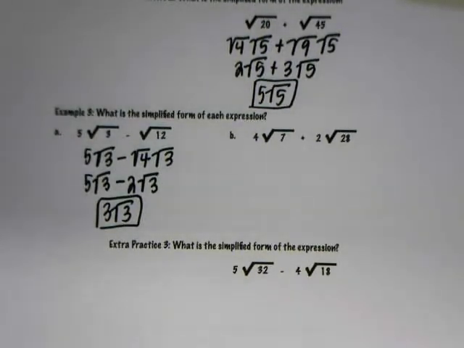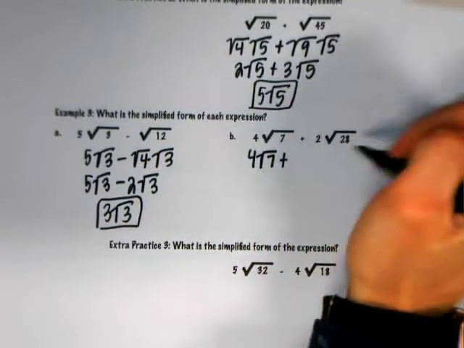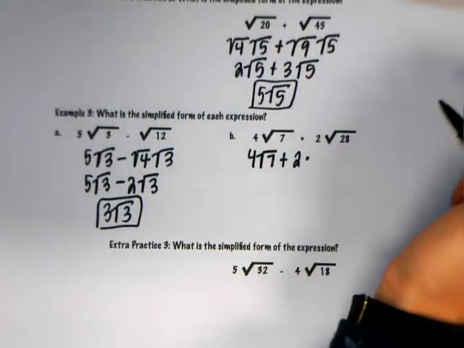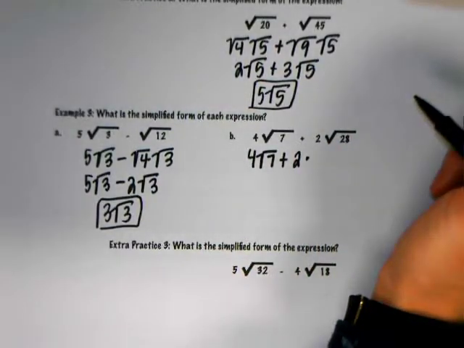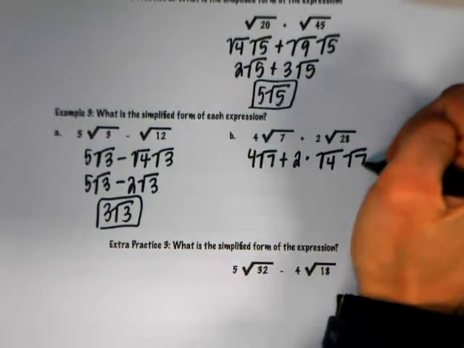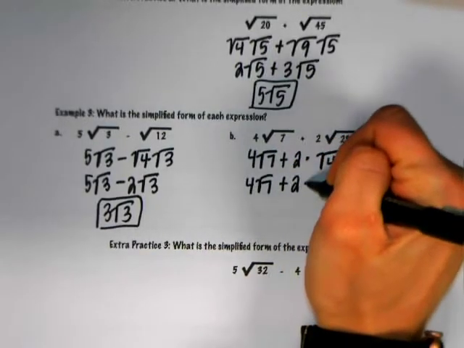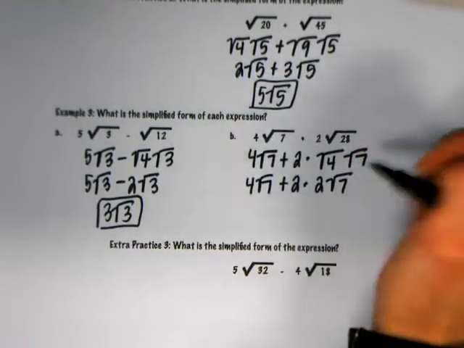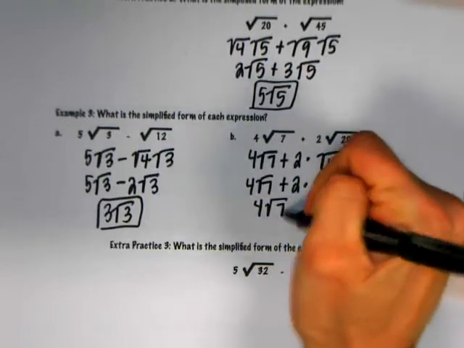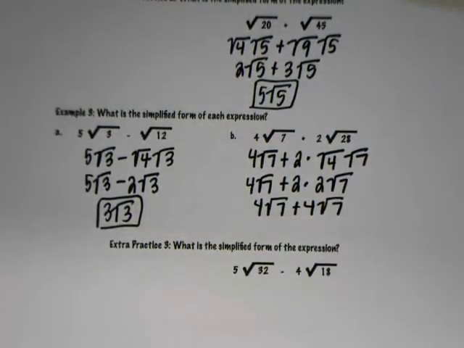Okay, on the next one, does 7 break down anymore? Nope, so keep that 4 radical 7. What about 28? Yep, what's that break into? Yep, 4 times 7. So 4 radical 7 plus 2 times 2 radical 7, which is 4 radical 7, because you multiply the 2 times the 2 that was already in front.